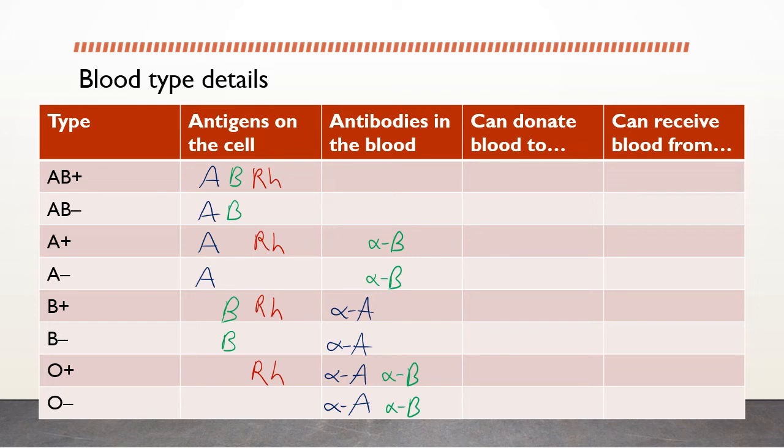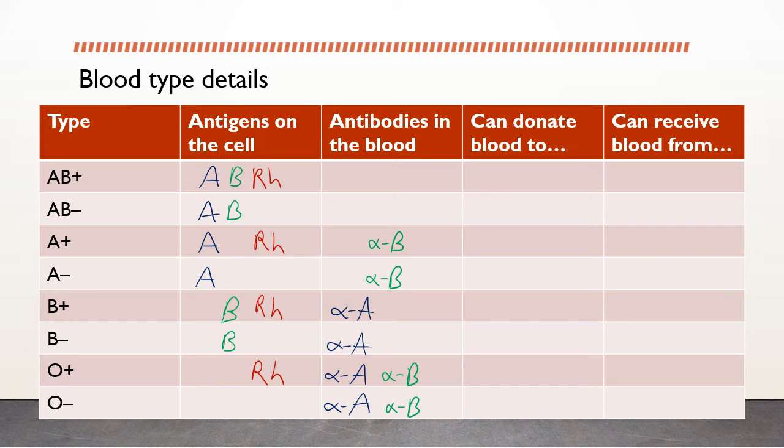Now, you don't automatically make Rh antibodies, but we're going to act as if the patient does for the purposes of doing a transfusion, because we don't know if a patient who comes into the ER has ever had exposure to Rh positive blood or not. So we treat it as if they do.